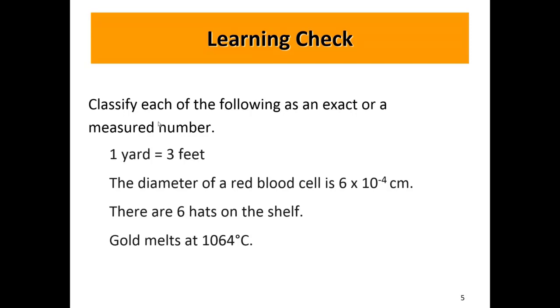Almost everyone says exact the first time around, but that is actually a measured number. Temperatures have to be measured because the truth is, even though it's kind of a definition in the sense that gold does melt at a specific temperature, the problem is the measurement of that temperature is not precise.